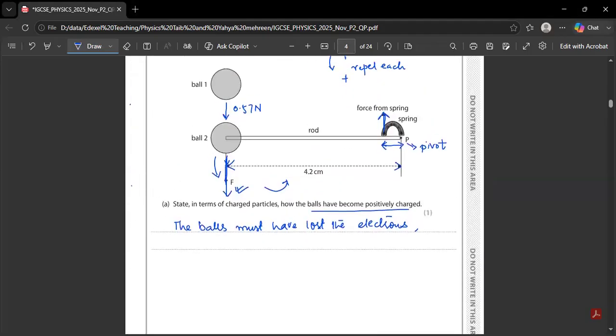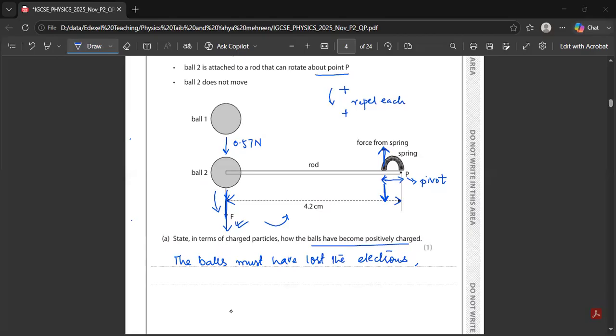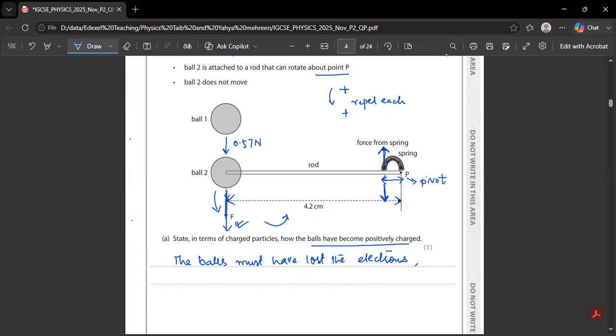So the force is exerting in this direction, right? To keep it balanced. Clear? Right?